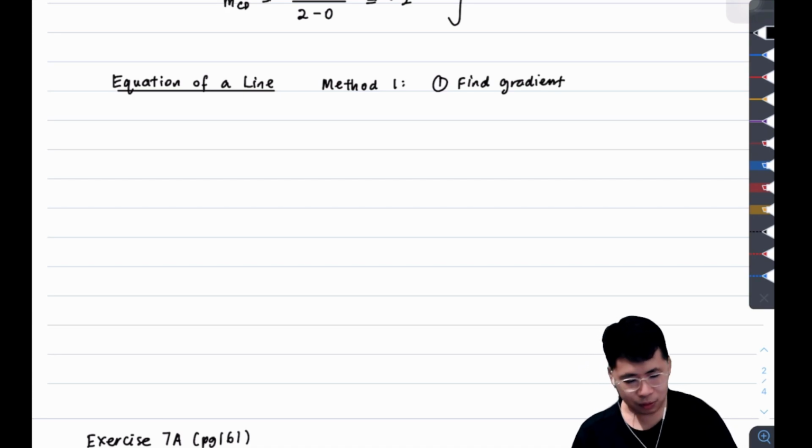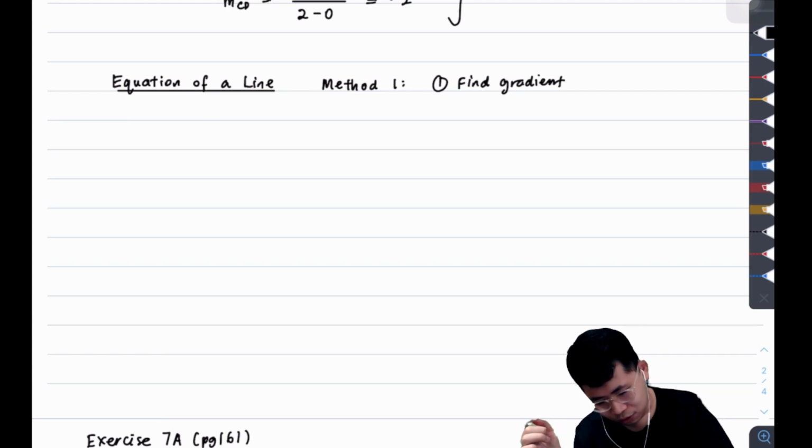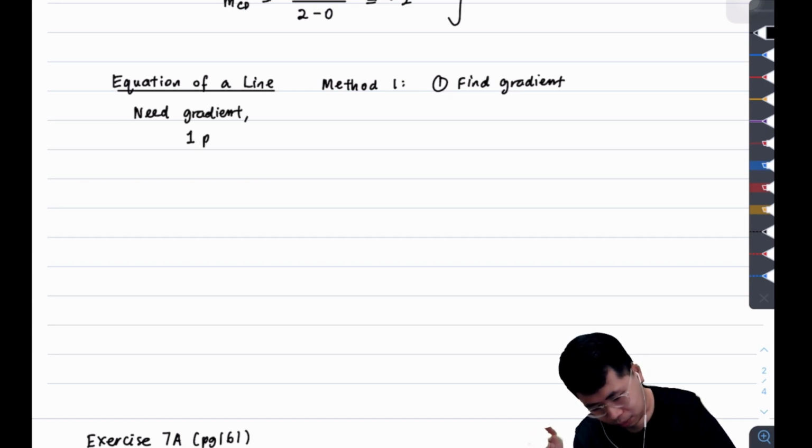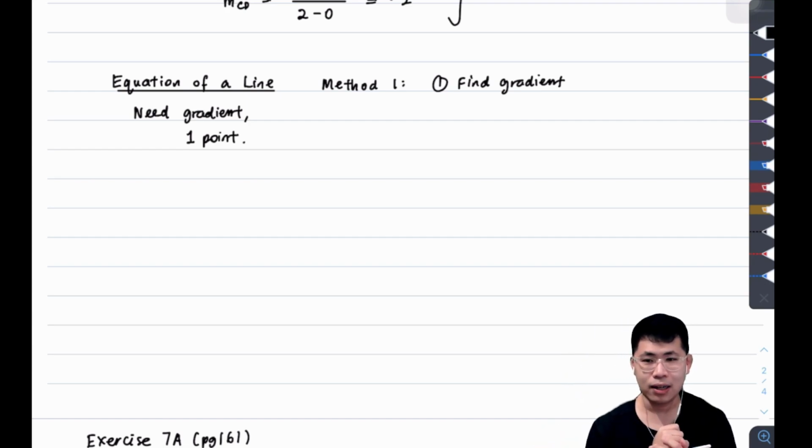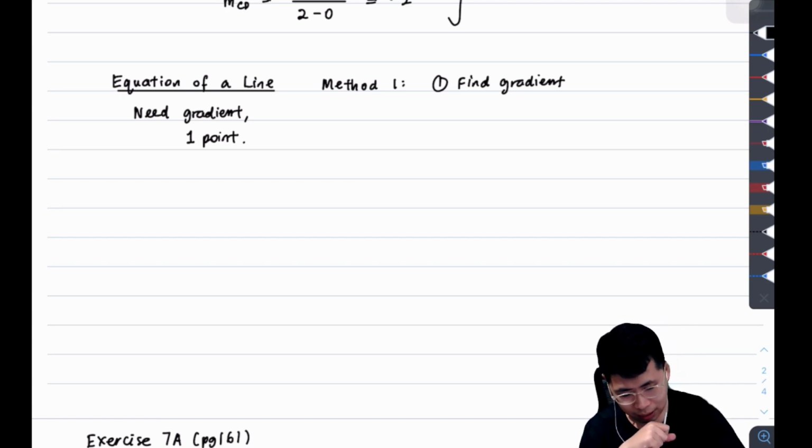Whenever you look for the equation of a line, you need two things. First you need a gradient, and then you also need one point that the line passes through. For Method 1, step 1 is usually to find the gradient. Step 2, once you find the gradient, you form y equals mx plus c.